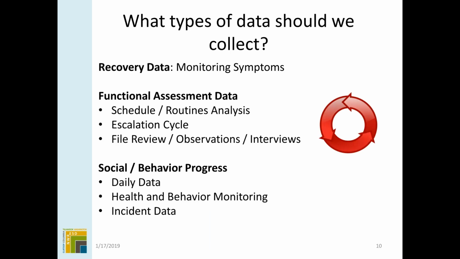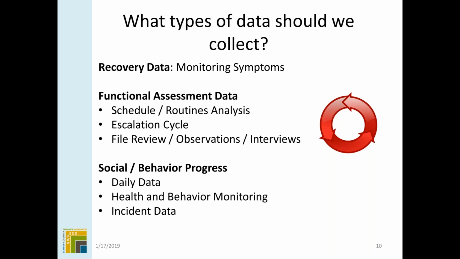So today I'm going to talk about 3 types of data. One, I'm going to talk about recovery data. What I mean by that is for students who have had a concussion and are still recovering, or even a traumatic brain injury, and they're in the recovery process. And for those of you who've worked with an individual with a fairly recent brain injury, you know that things are often changing quickly for that individual.